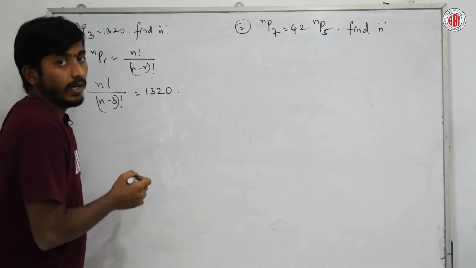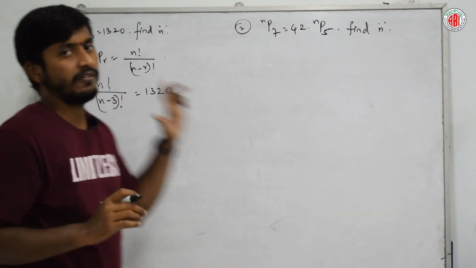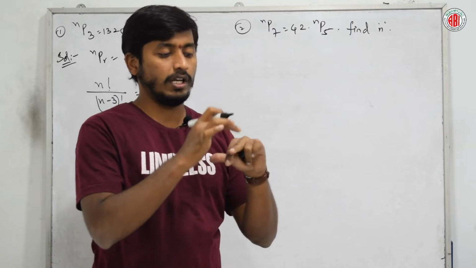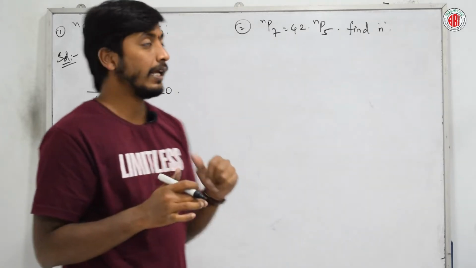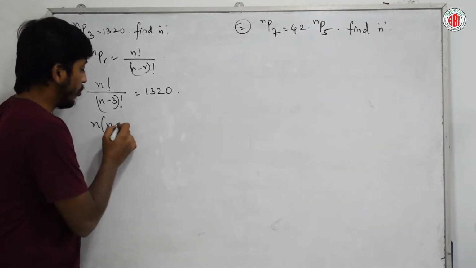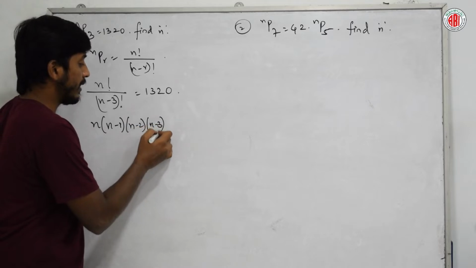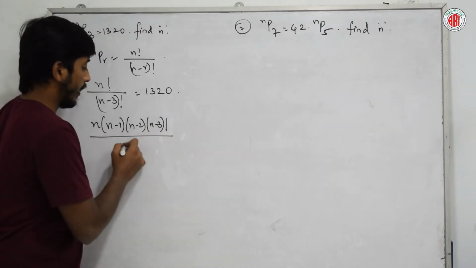Done? Now just tell me, what is n factorial? If it is 5 factorial, we will write it as 5, 4, 3, 2, 1. If it is n factorial, can I write it as n into n minus 1 into n minus 2 into n minus 3 factorial?